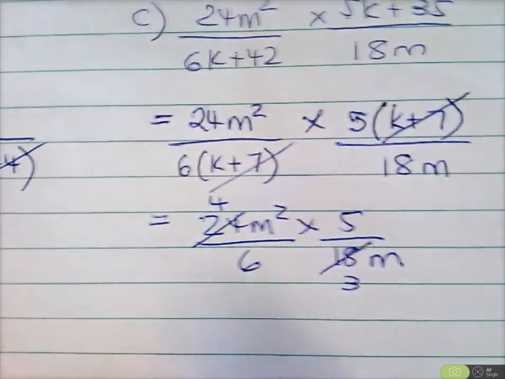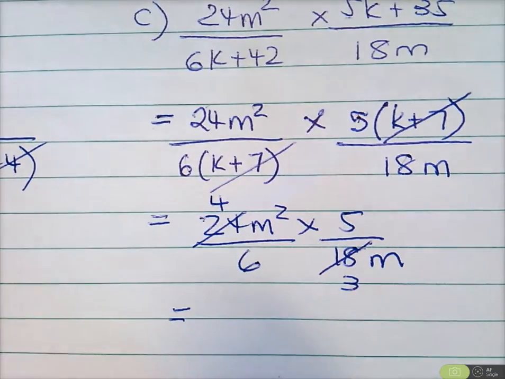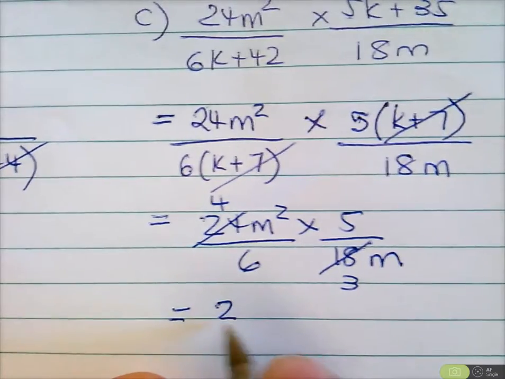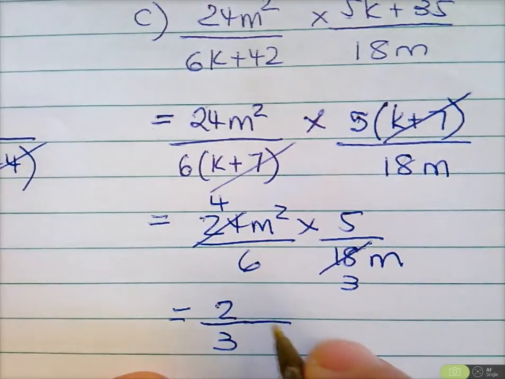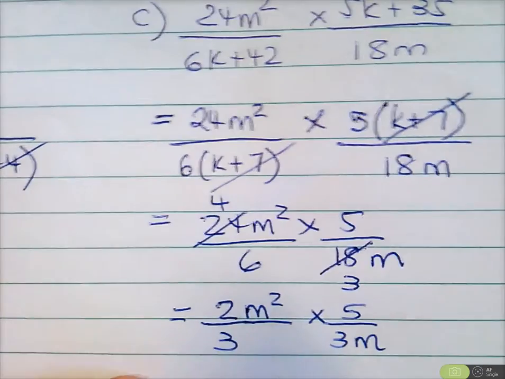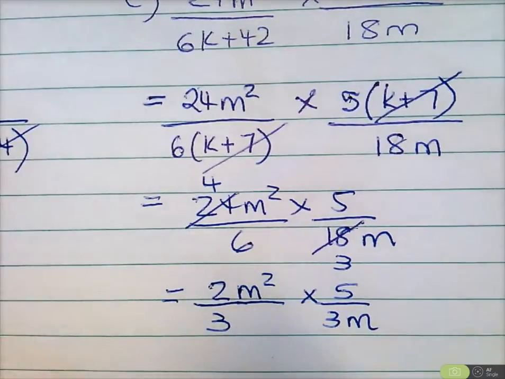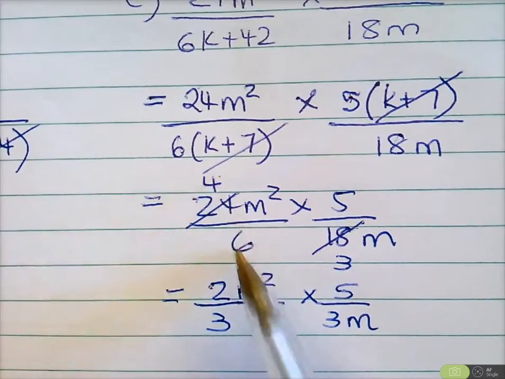You can do some more cancelling with the 4 and the 6 if you want. What's 4 sixths? Anyone? 2/3. So you can do it there, or I can just put it on the next row. 2/3. What's going to happen with the m's? Look, I'll just keep going. So all I've done is some cancelling with the 18 and the 24, and I've cancelled the 4 and the 6 to make it 2/3.